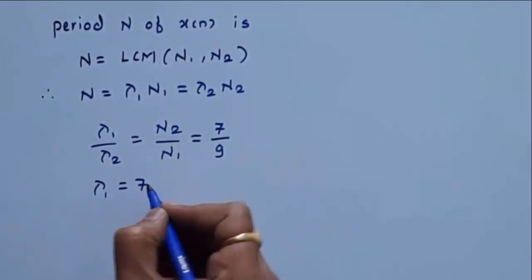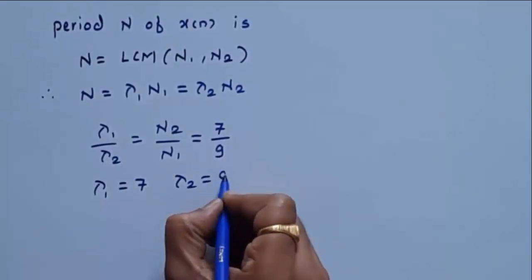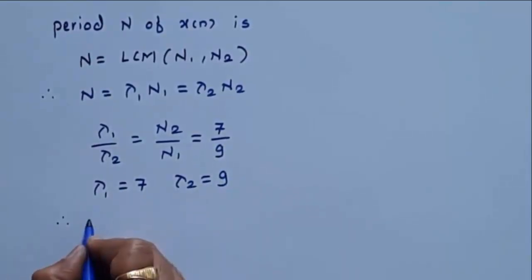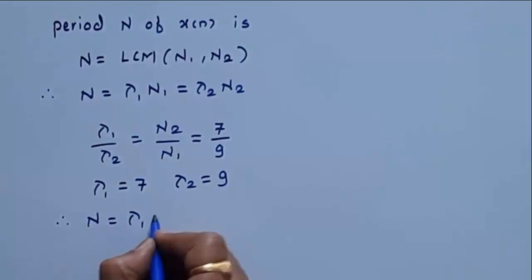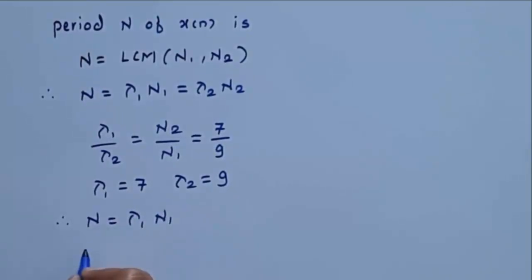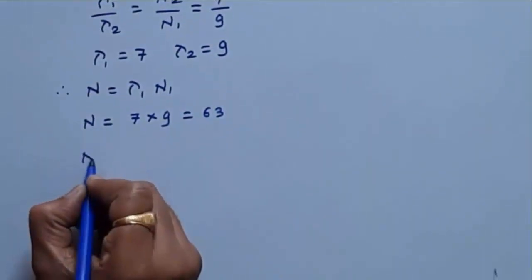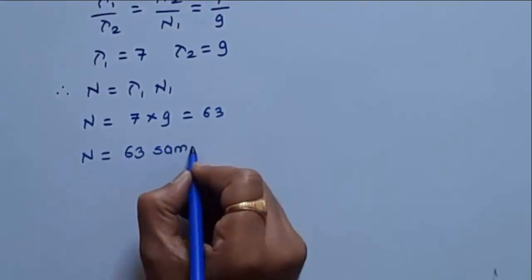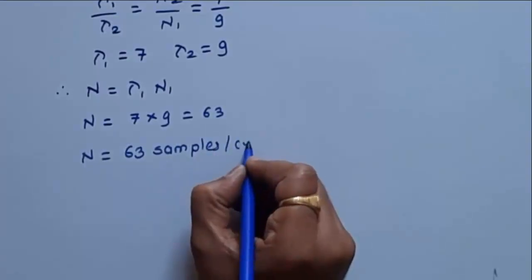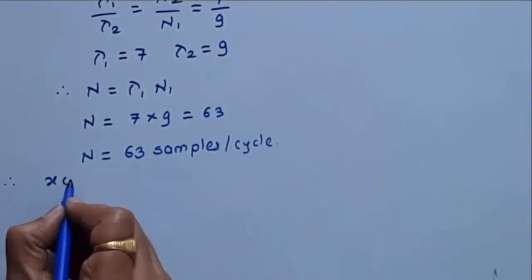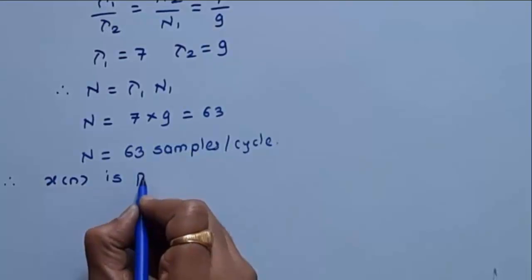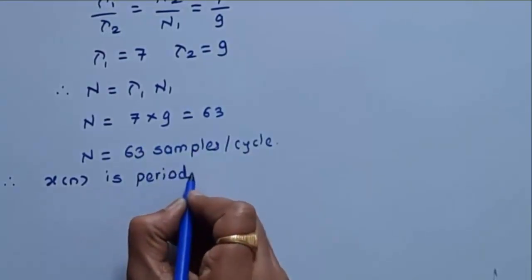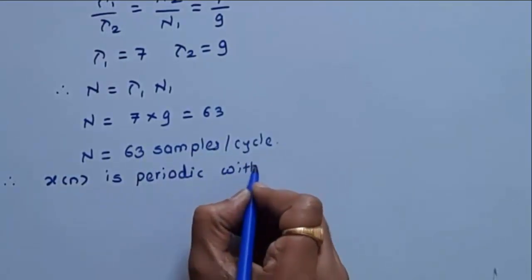Assuming lambda 1 is 7 and lambda 2 is 9, we'll get period N is equal to lambda 1 N1, that is 7 into 9. Therefore, period N is equal to 63 samples per cycle. Therefore, the given signal x of n is periodic with period N is equal to 63 samples per cycle.